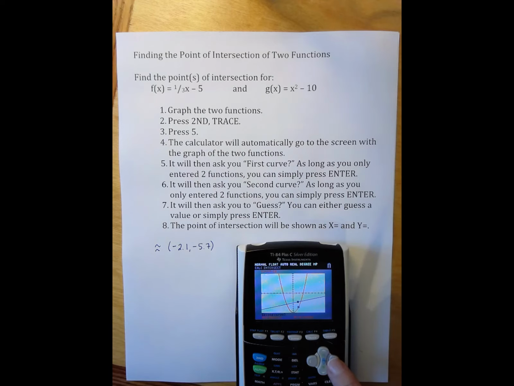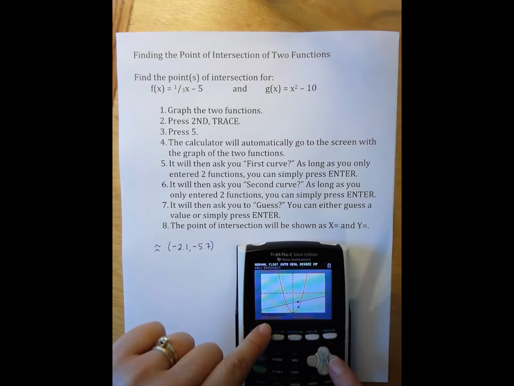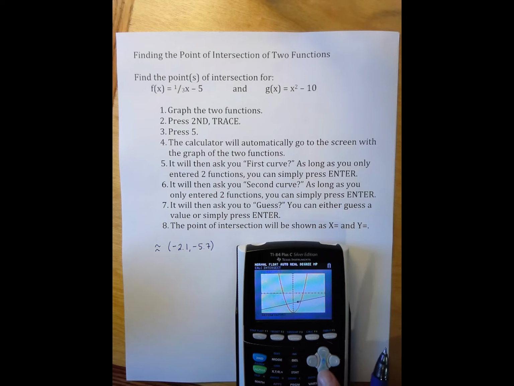That's what moving over means, moving on the x values, so going from an x value that's a 1 closer to an x value that's 2. Pressing up and down changes the curve I'm on. I know it's a little confusing because with a parabola, you're thinking that if I move to the right, I'm going up. But the cursor is talking about literally moving to the right or left on the graph.